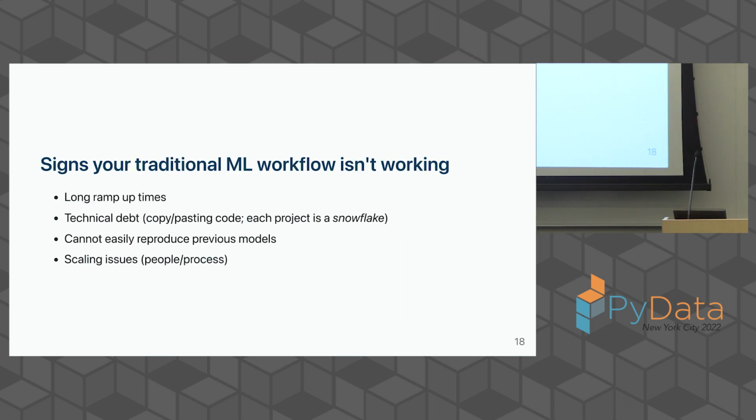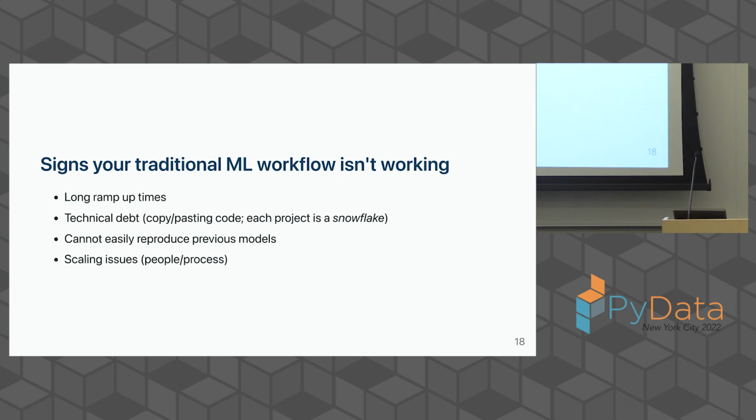So, signs that you may have some problems in your ML workflow, and these are just things that I've seen and things that I've actually done. Basically, you get long ramp-up times, so you get a new thing, and then all of a sudden you have to take a lot of time to figure out how to get going again. Technical debt, you have code over here. How do you share things that have been done before?